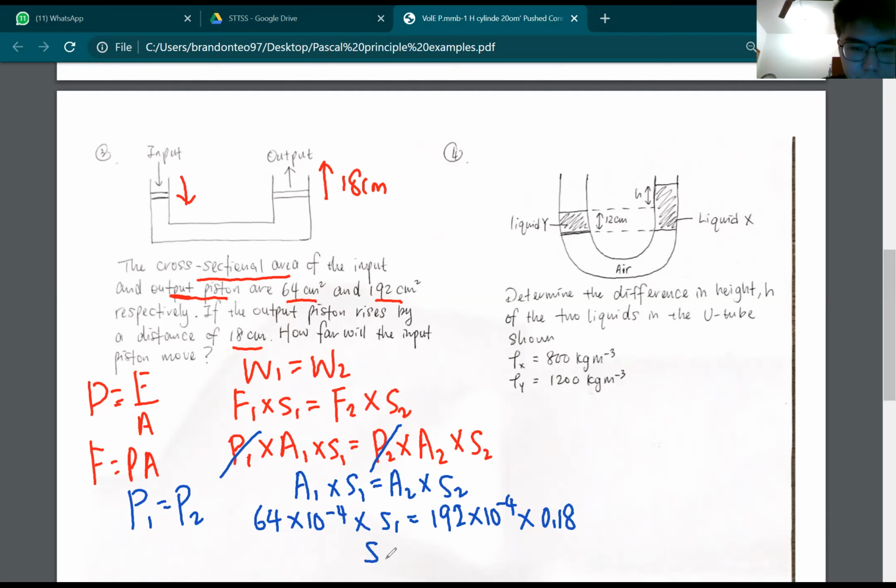Now 你就找了 S1 等于多少？0.54 meter. Should be bigger. Should be bigger.